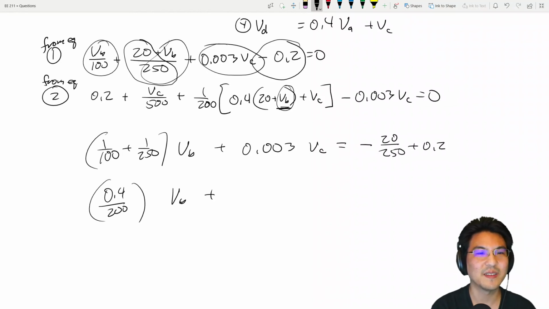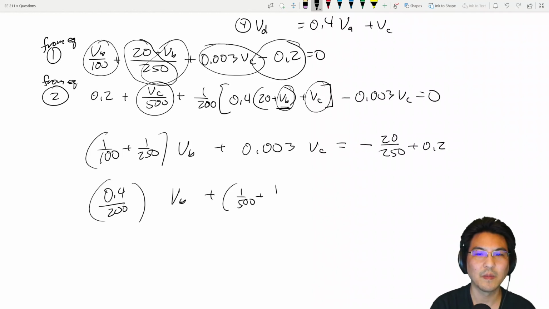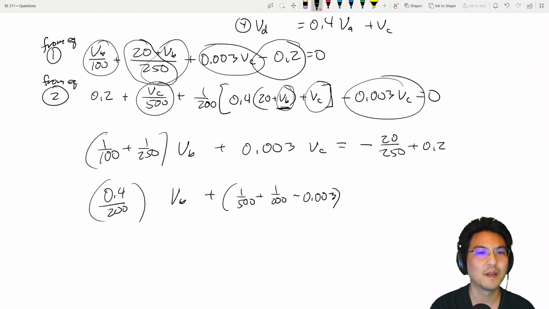And then for VC, I got this 1 over 500 over here, which is 1 over 200. And then right here, minus 0.003. And we have constants.